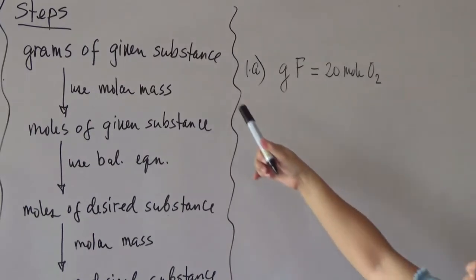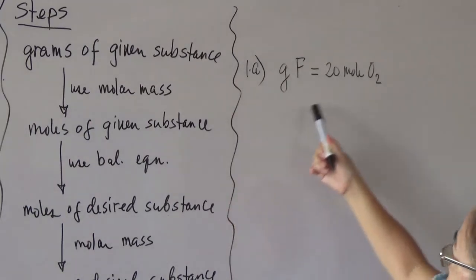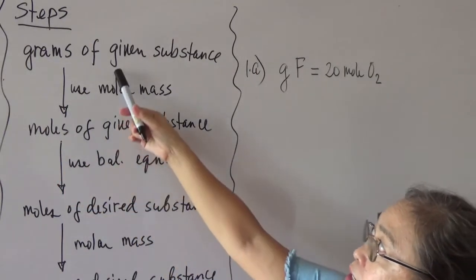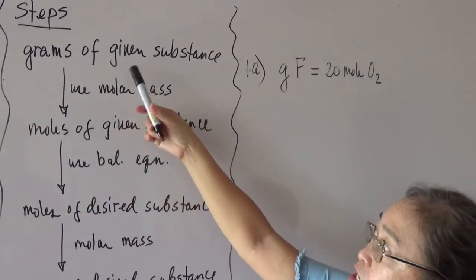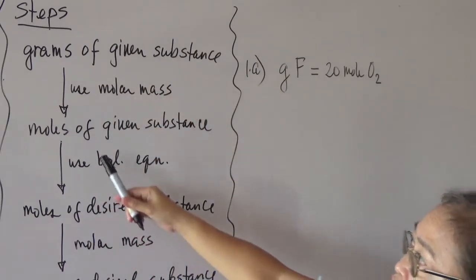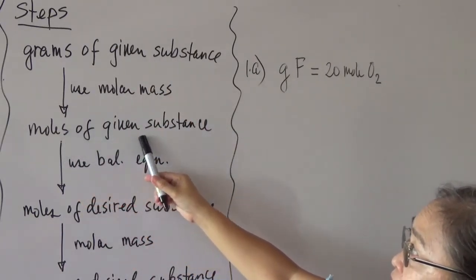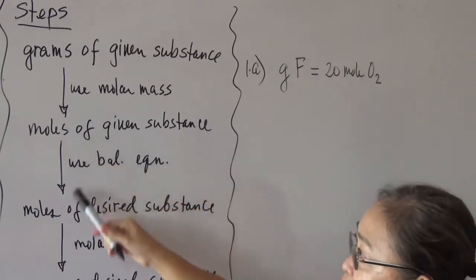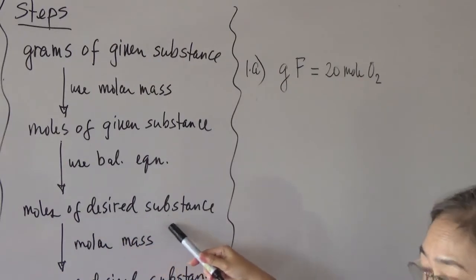So if you are going to base it on the steps, you have already started in this step. So this one is grams, so no need for the conversion into grams, so you just follow the steps. So it started here, moles of the given substance. The given substance is oxygen. So you are going to change it to moles of the desired substance.